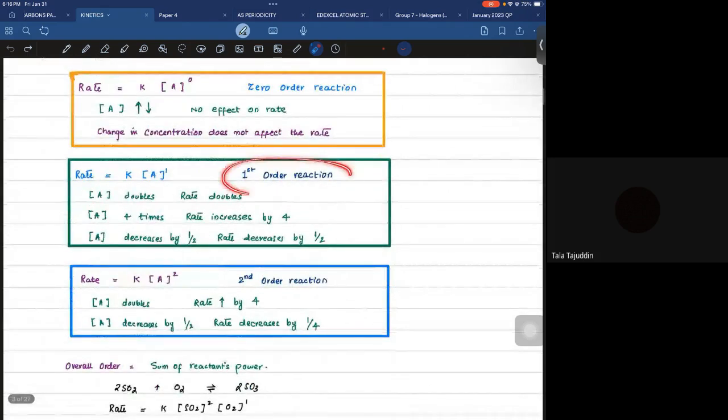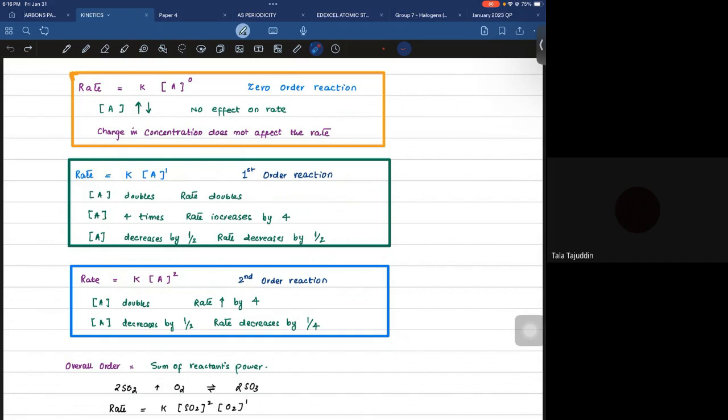And then for a first order reaction, raised to the power 1, it means that if you double the concentration of A, the rate would double. If you increase the concentration by 4, the rate would increase by 4. And if you decrease the concentration of A by half, the rate would decrease by half.